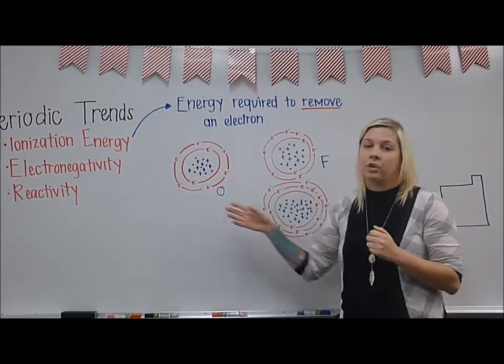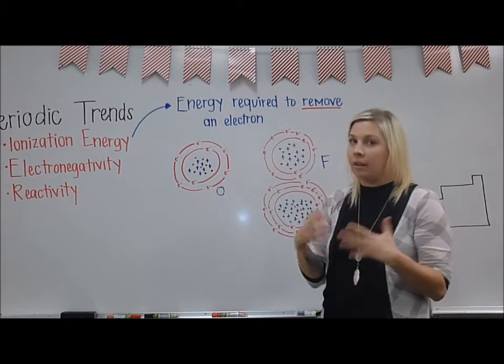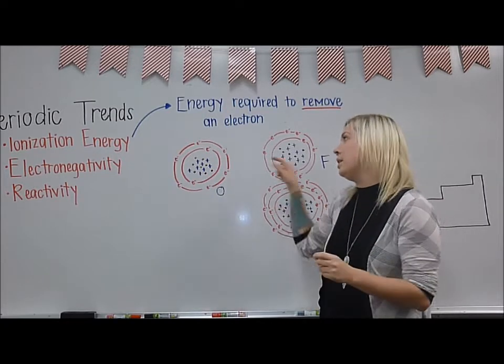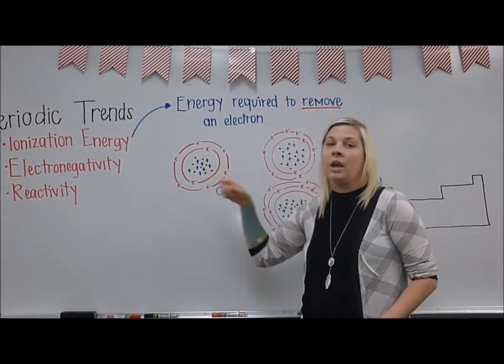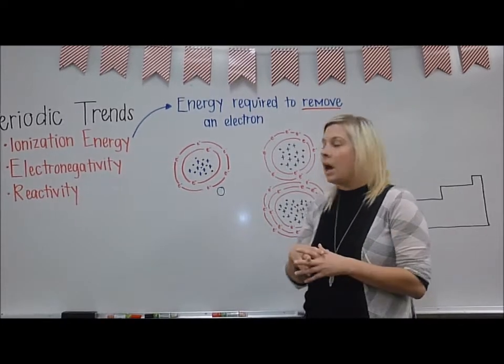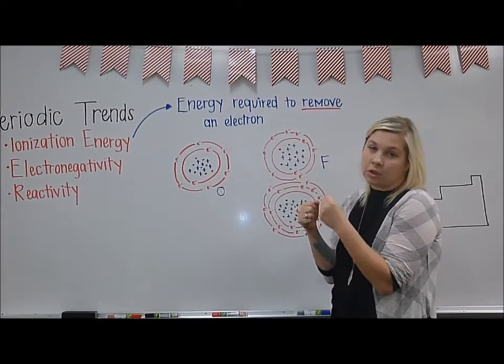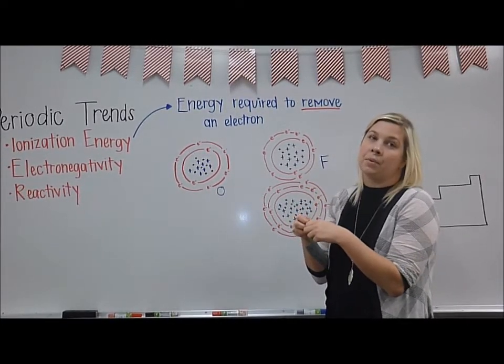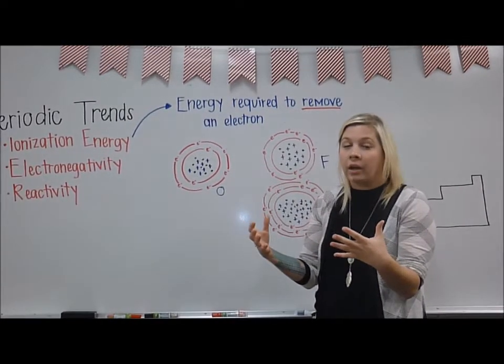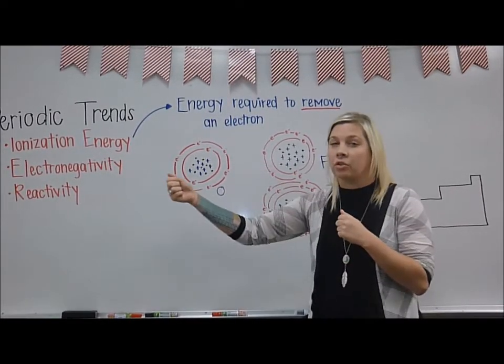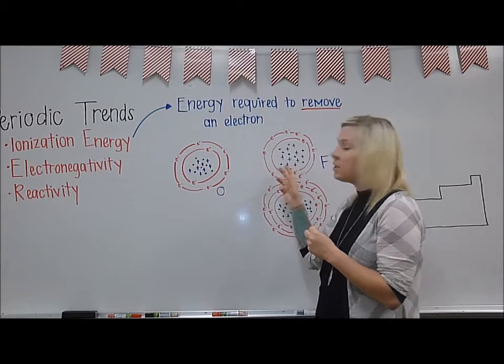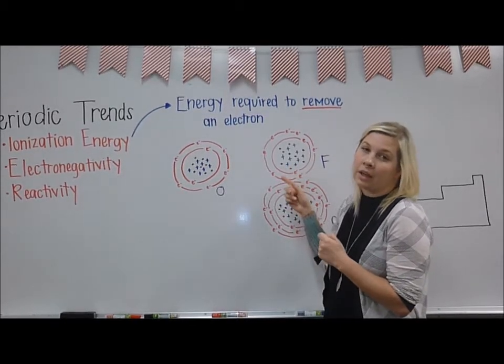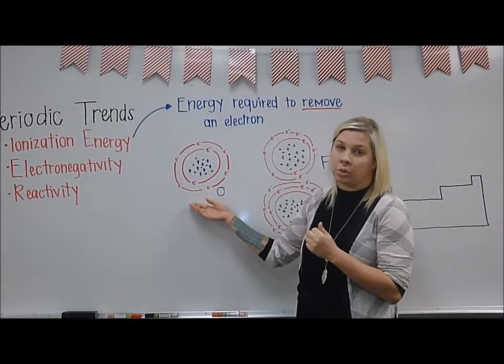If we're trying to pluck an electron from the outer shell, it's going to take some energy. The more pull towards the nucleus, the more energy it's going to require to actually pull that electron off. Because fluorine has more pull, it would have a greater ionization energy than oxygen would.